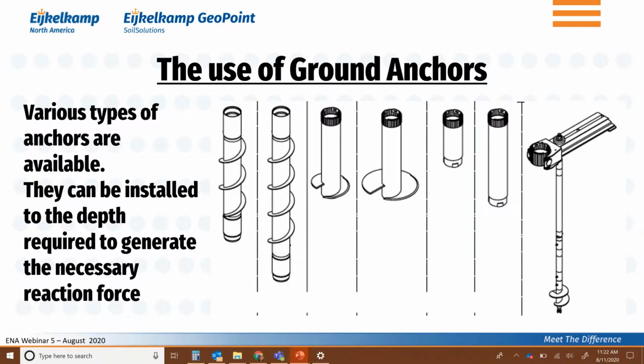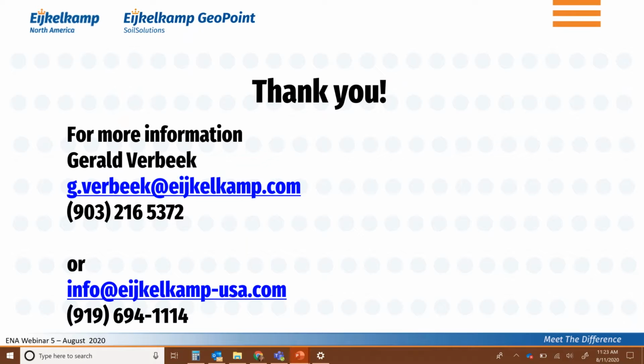And with Eijkelkamp, we have our own pushers, as you just saw with the Drill'n CPT. We have our own CPT equipment as far as the cones: we have sonic cones, we're coming up with new cones, we have video cones.